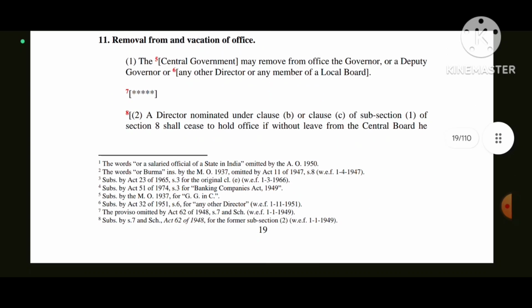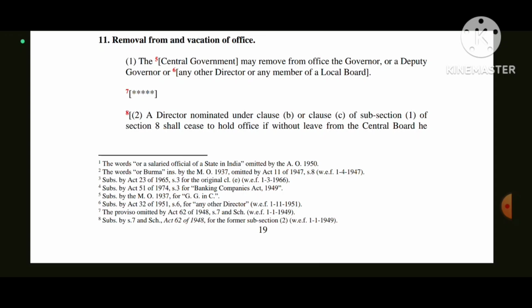Next is removal from and vacation of office. Section 11. Removal from and vacation of office. The central government may remove from office the governor or a deputy governor or any other director or any member of local board.